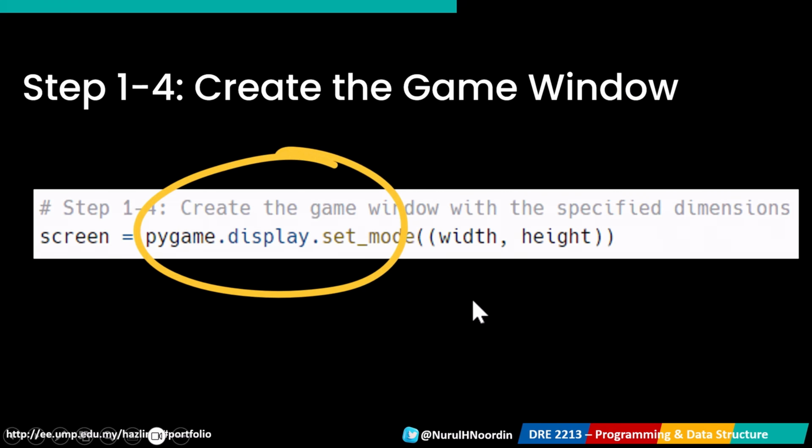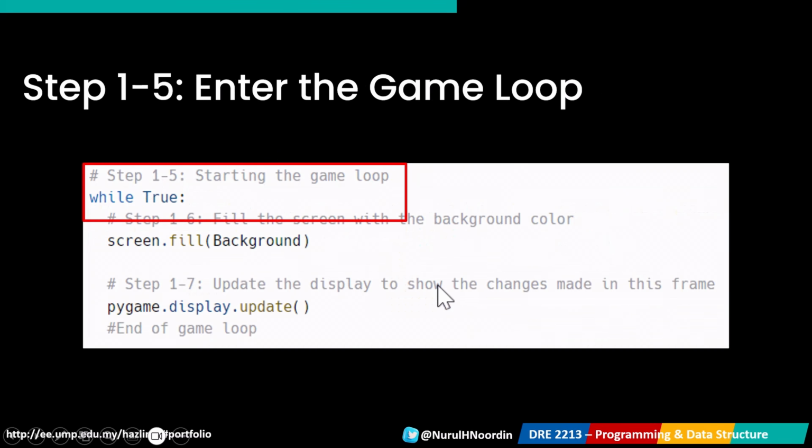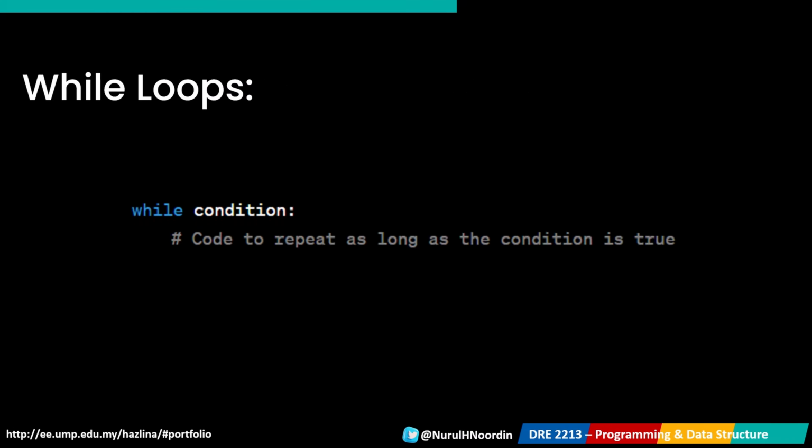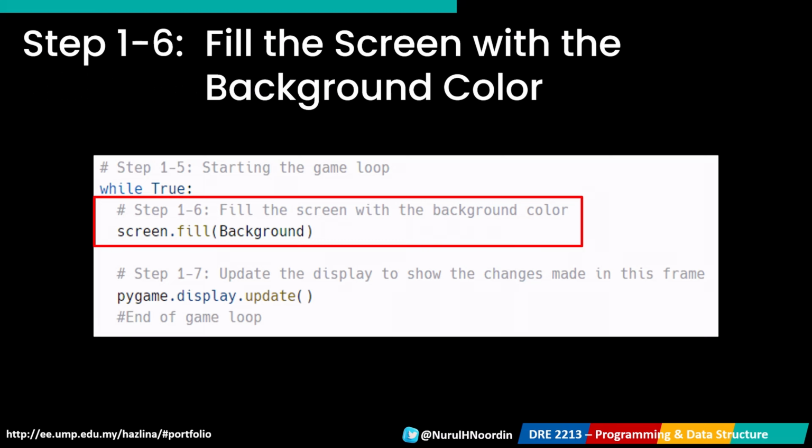Create the game window using the Pygame library. This window is where our game will be displayed. We use an infinite loop to keep the game running until we decide to close it. A while loop in Python is like a repeating command. It keeps doing something as long as a certain condition stays true. We do this by filling the entire screen with the background color.